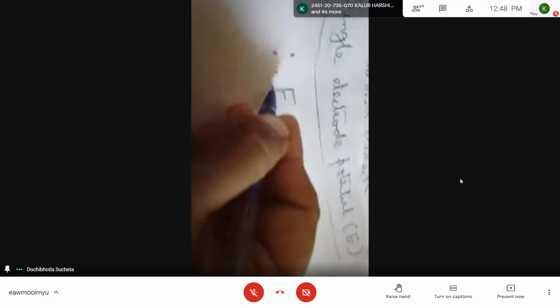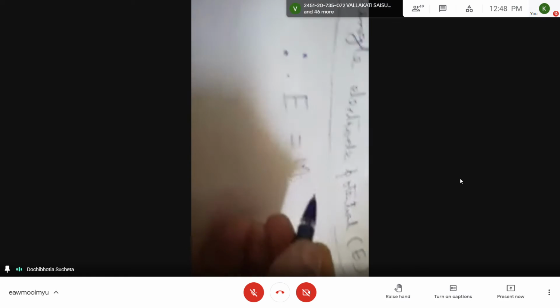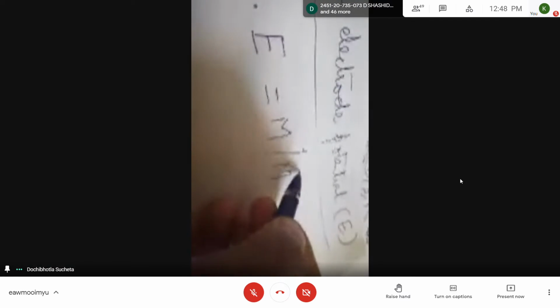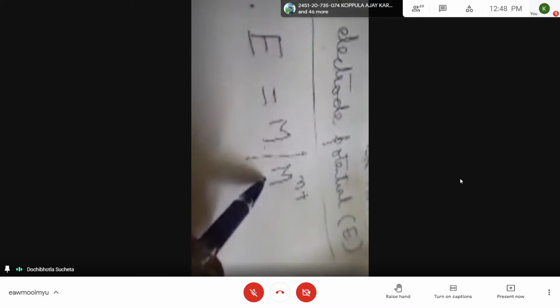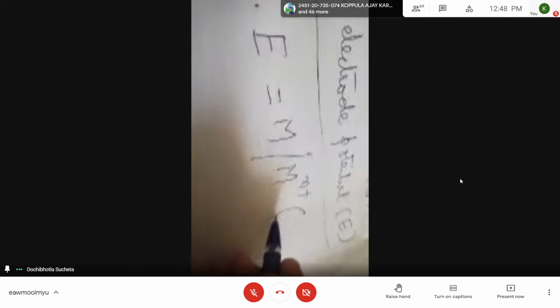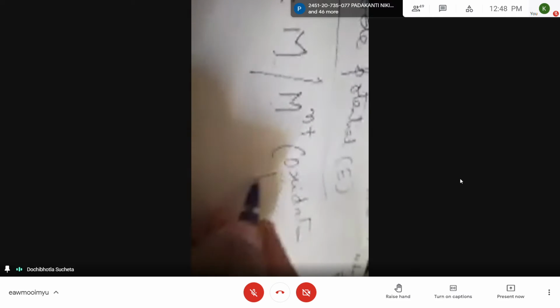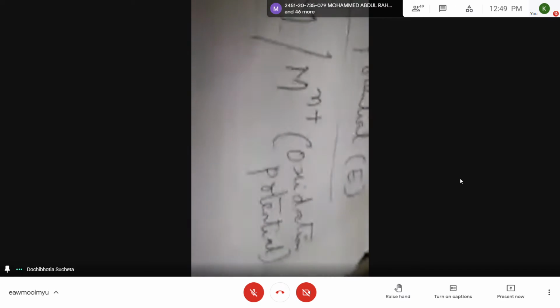Therefore, E is equal to M slash Mn plus. The metal has undergone oxidation to the metal ion, so it is the oxidation potential. Is it clear?